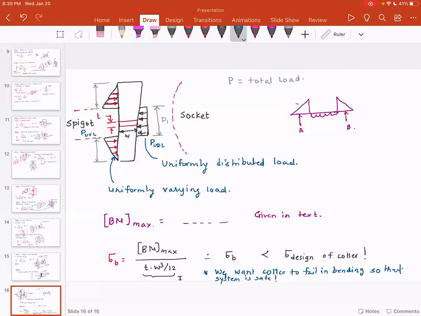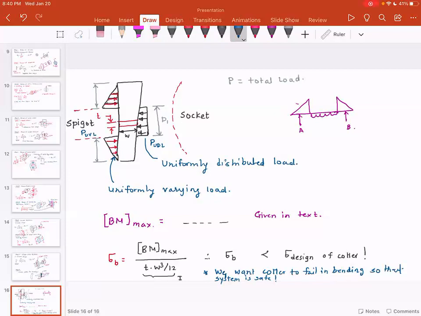You can look at those dimensions in the textbook, and then you can follow this step-by-step recipe, and you should be able to design the cotter joint. That is what is asked in quiz 1, and I'm going to stop here today. If you have any questions, I would be happy to answer.